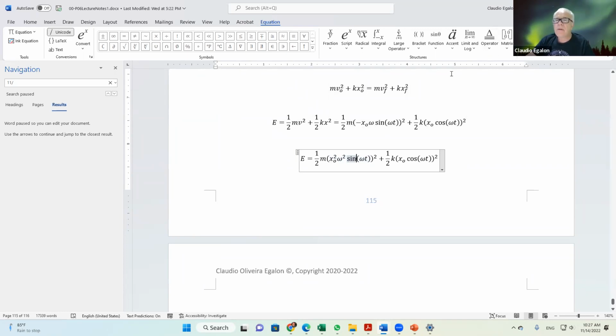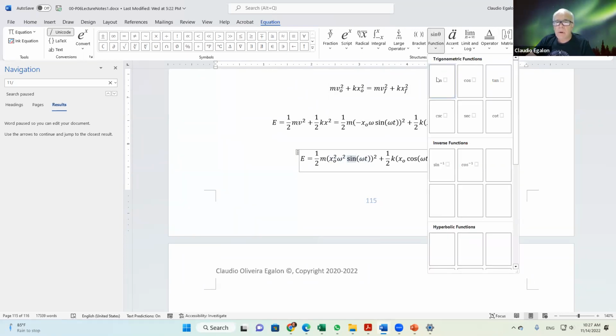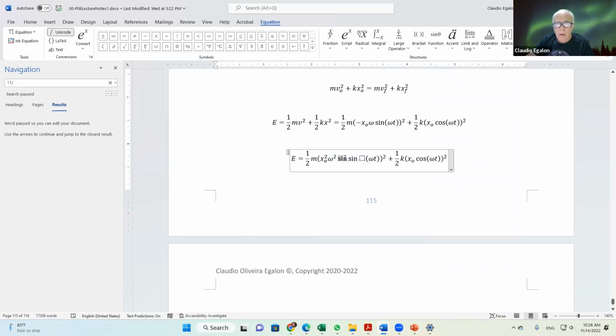Supposed to raise it. Let me check it. This one here. Okay, for some reason it's just not doing the sine. Okay, now we got it.